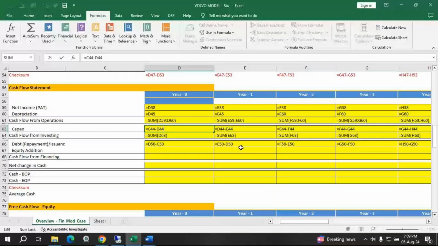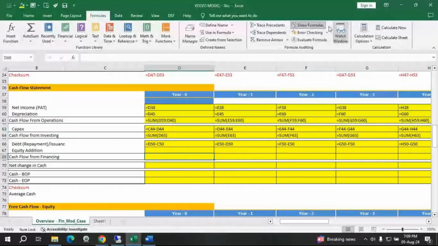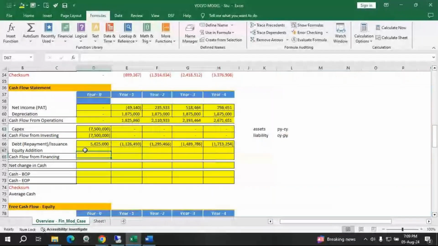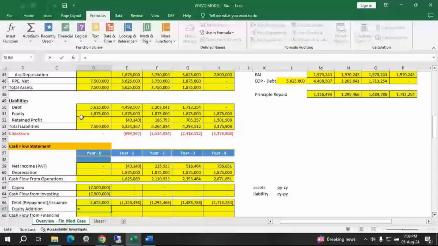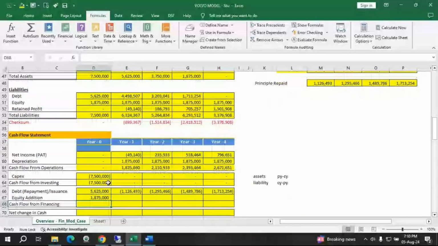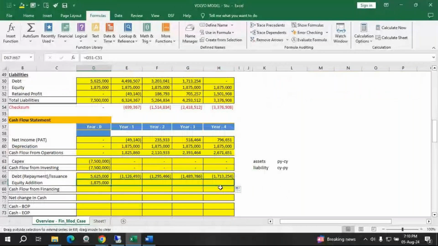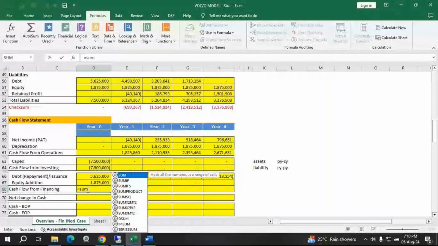Done, ma'am. Now equity addition will be equals equity minus previous year value. I come here and drag it. Cash flow from financing will be equals sum of D66 and D67, that is debt and equity.